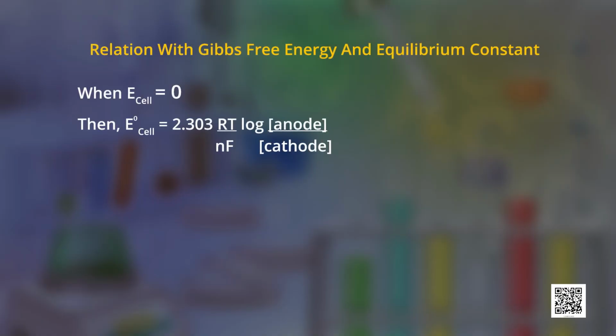In this situation, E naught cell becomes equal to 2.303 RT upon nF log concentration at the anode upon concentration at the cathode, and this can be simplified as 2.303 RT upon nF log Kc, where Kc is the equilibrium constant. This way, we will be able to calculate the equilibrium constant.